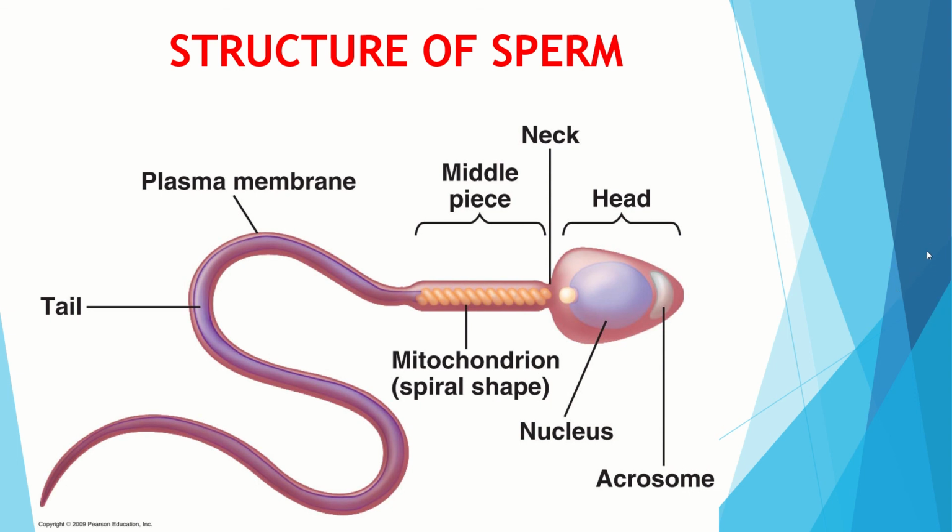So sex determination is done only by the sperm and not by the female. And next, the viability of the sperm: it will survive more than 2 days, but its capacity for fertilizing is only 24 hours after release from the seminiferous tubules. That is the viability of the sperm. Thank you.